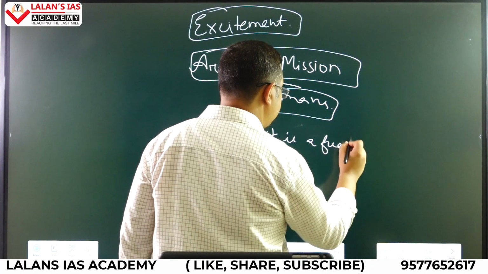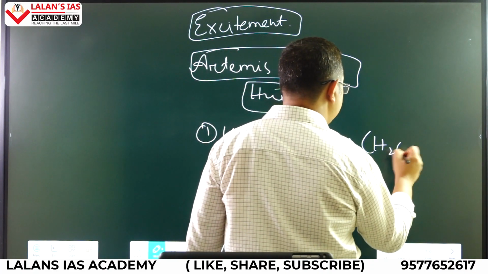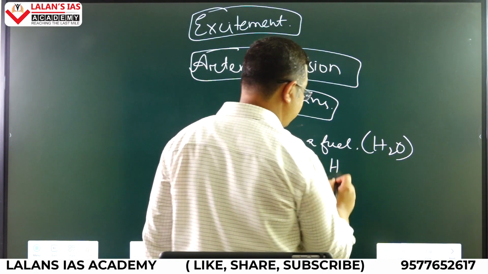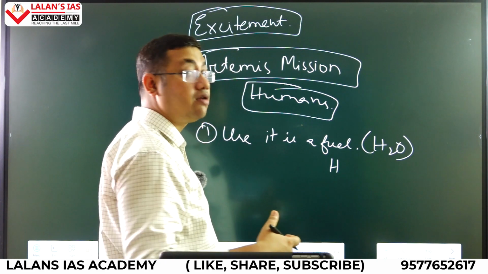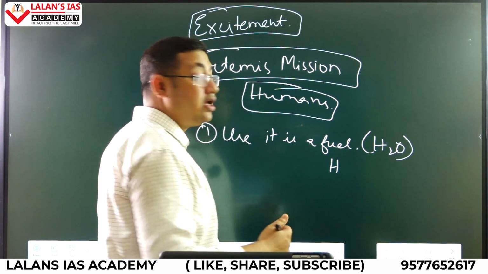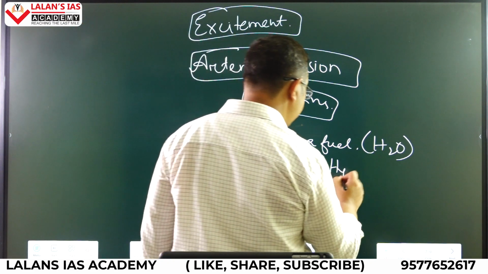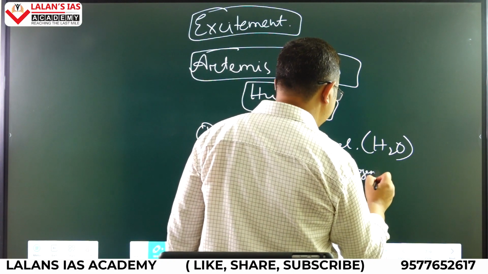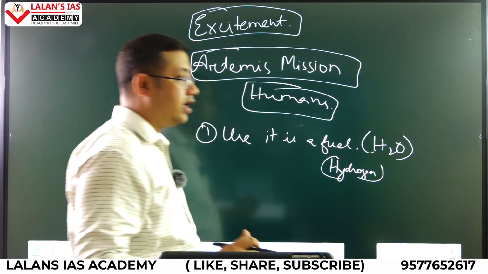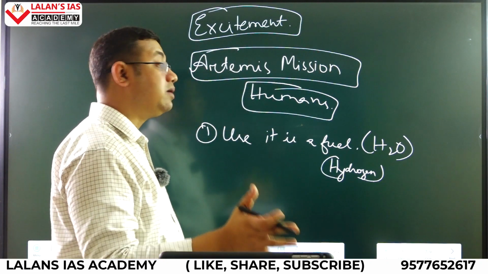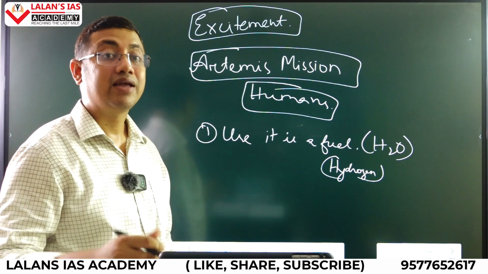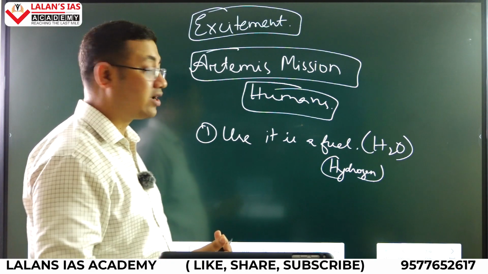Water can be used as a fuel. How? Hydrogen. This year it has been in the news, the use of hydrogen as a fuel. We saw a couple of questions coming in the UPSC preliminary exam also. So hydrogen fuel can be generated from water. And water can be used by those people, so they don't have to carry more water from Earth.